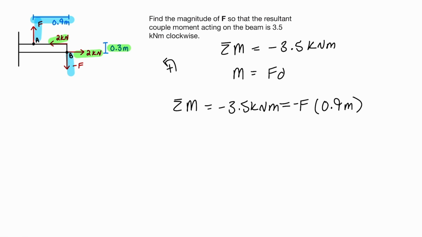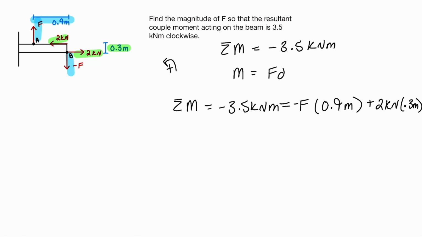And then next we have the 2 kilonewton couple, and so that will be 2 kilonewtons, and then the distance between those is 0.3 meters. And then as you can see here, this will push the beam like this, which is with our positive direction, so it'll be plus.